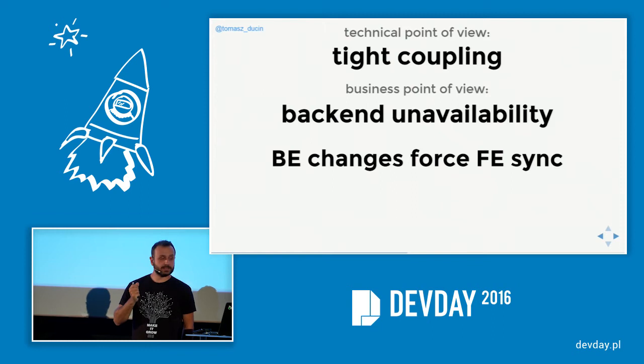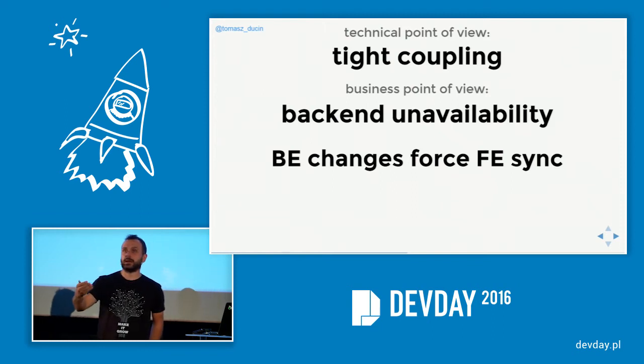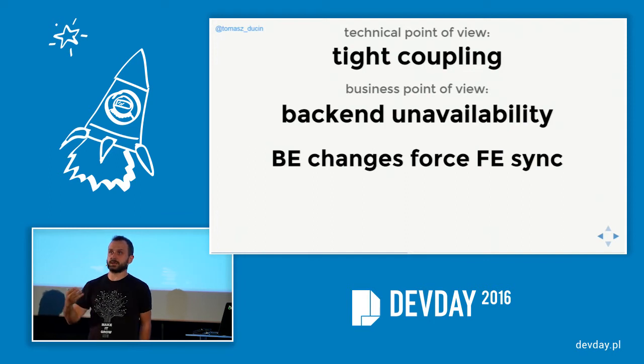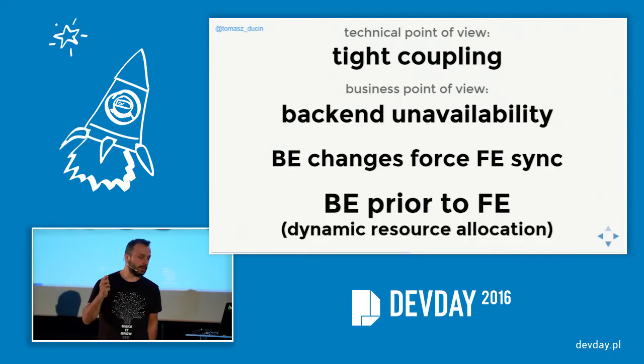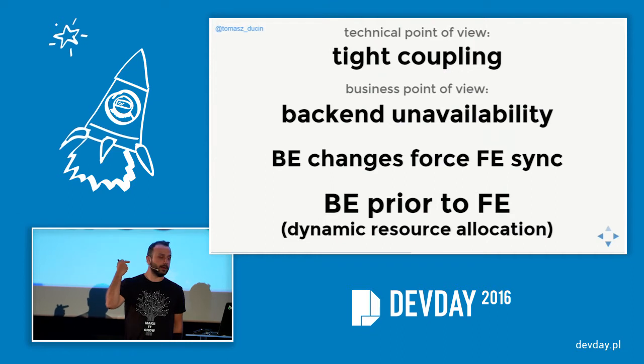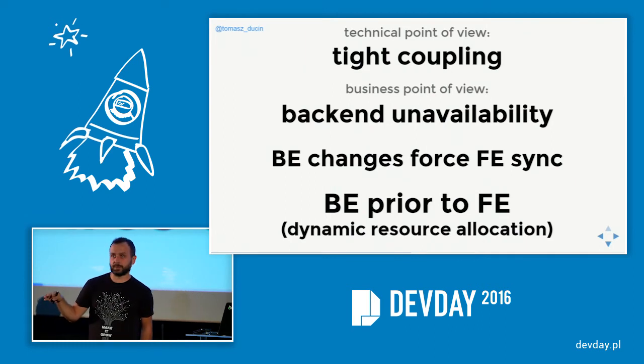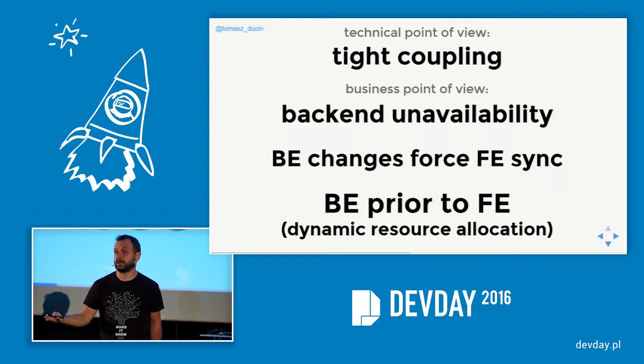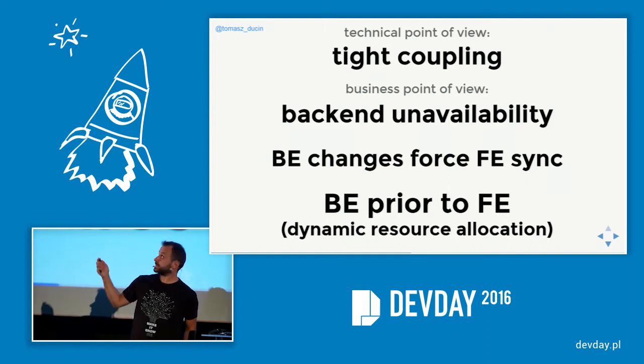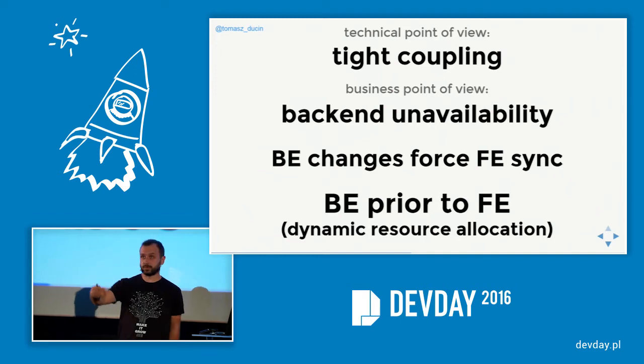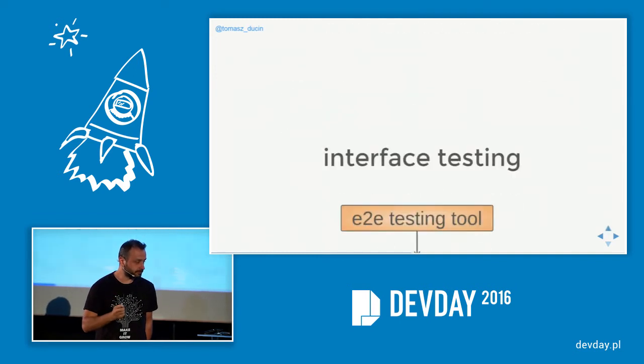We also want to address a situation when backend is about to change something, and such change is forcing a change on the frontend, as well as the need that the backend needs to be done prior to frontend, right? If we don't mock our backend, then we need to wait until the backend is done so that we can just start with the frontend, right? So these are the, let's say, business-wise problems we want to address with backend-less development.